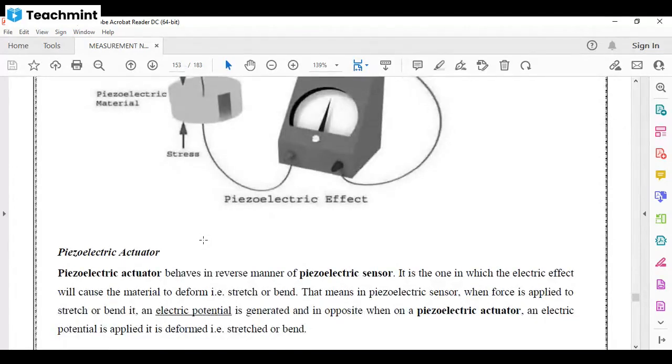Another thing is the piezoelectric actuator. The piezoelectric actuator behaves in the reverse manner of a piezoelectric sensor.